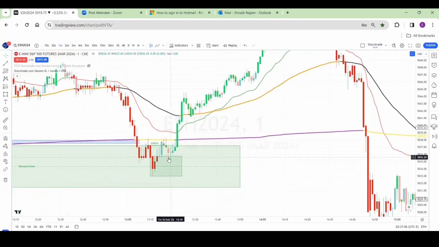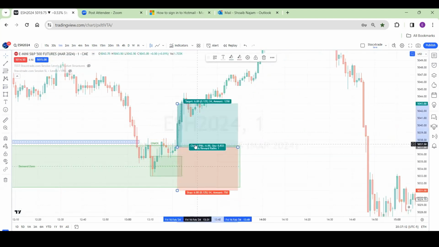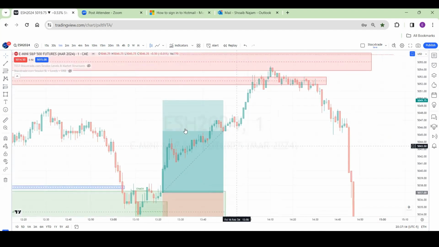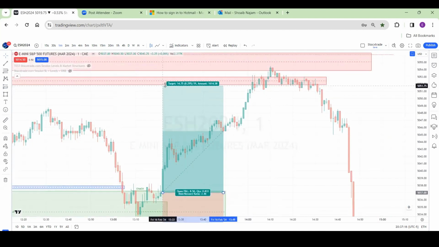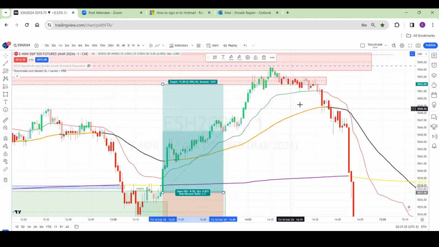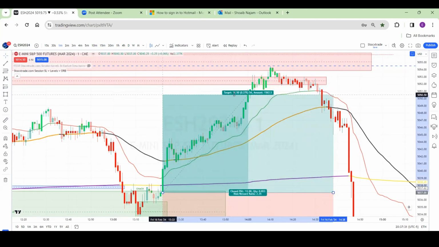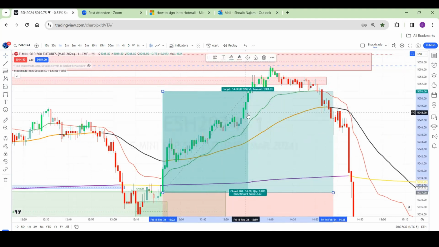Suppose you enter here after the demand zone. For entry, you must have a change of character. Yes. Without change of character, we should not enter. No, sir. Even that one is 14 points, $700.